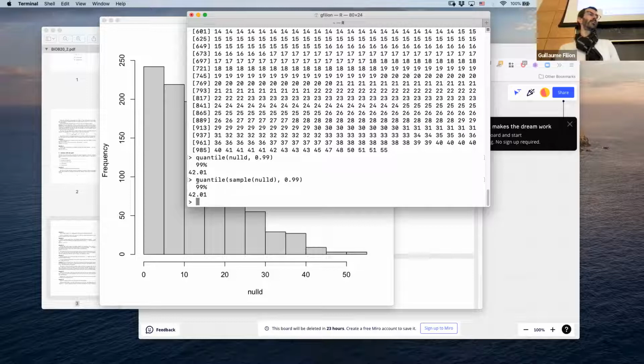And that's indeed the value that we can use. 42 would be a good point because there's only a 1% chance that, if the null hypothesis is true, you'd observe a statistic that is bigger than 42.